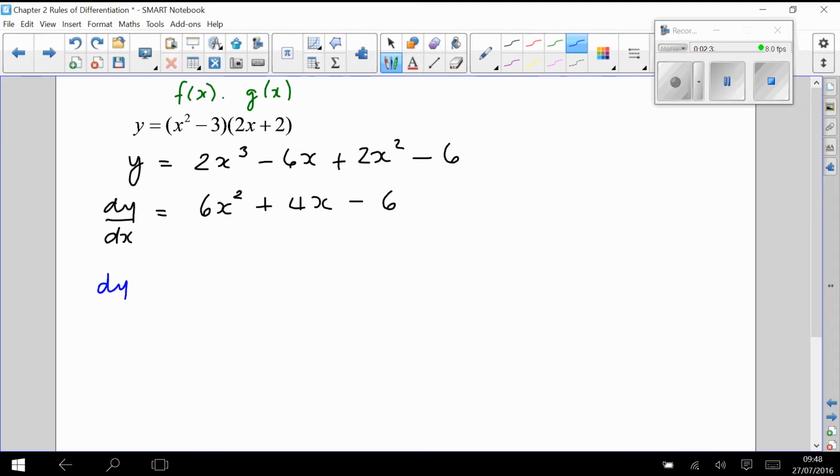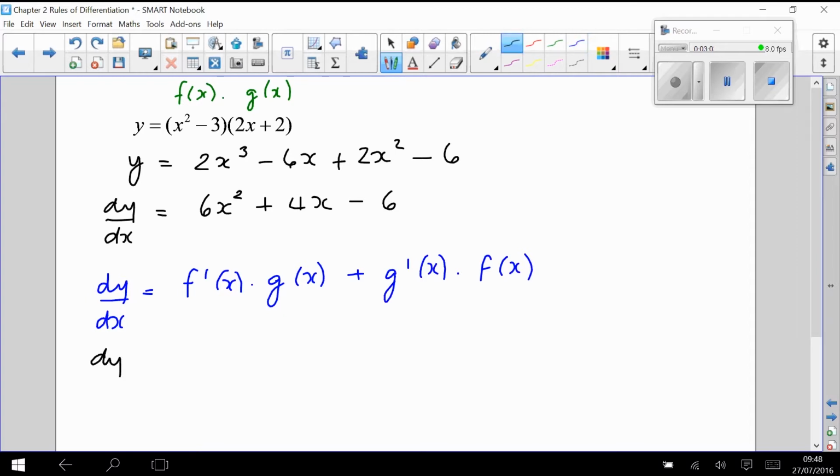So dy by dx, when it is a product, says find the derivative of the first function and times that by the second function. And then add that answer to when you find the derivative of the second function and times that by the first original function. So here we go.